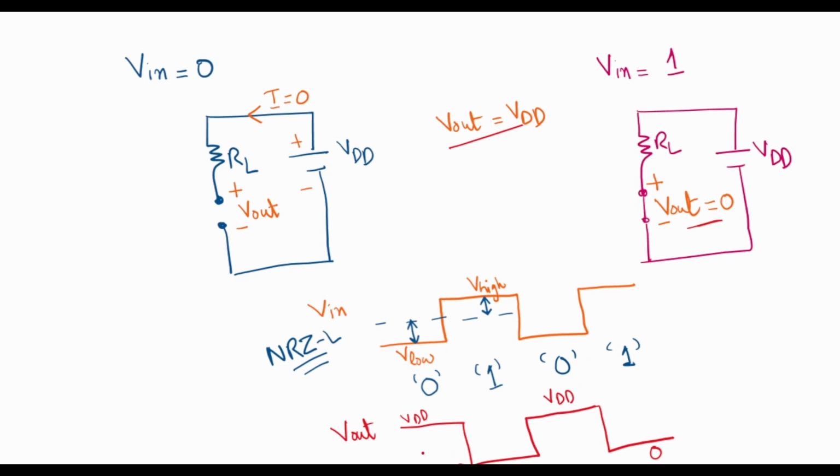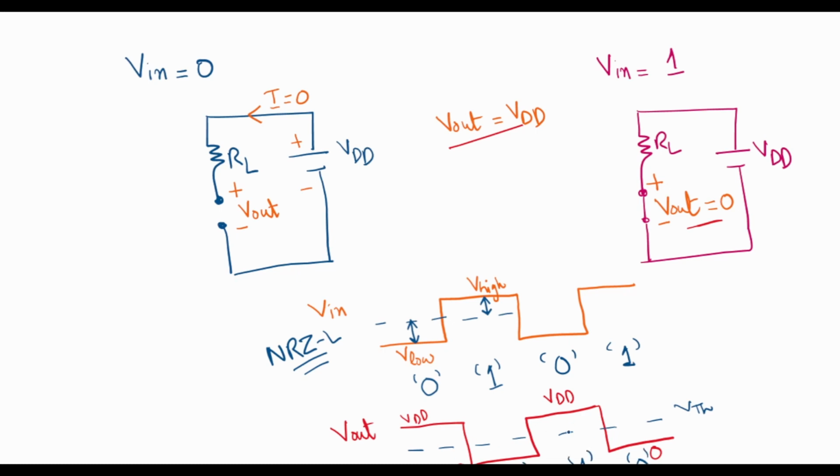And if I apply the same type of encoding, that is, the threshold is at a voltage level in between these two levels, then VDD would be encoded as a digital 1 and 0 as a digital 0.